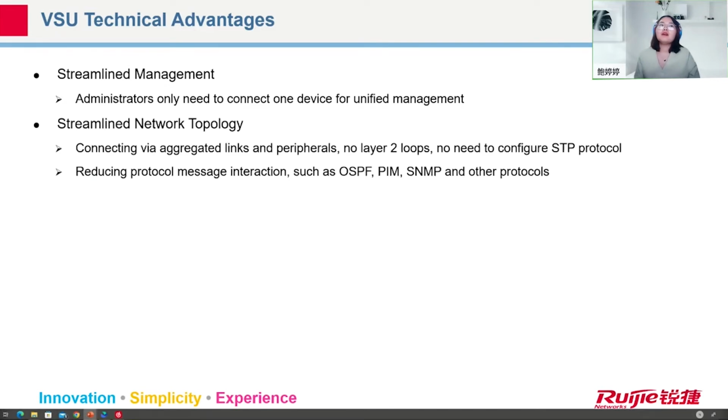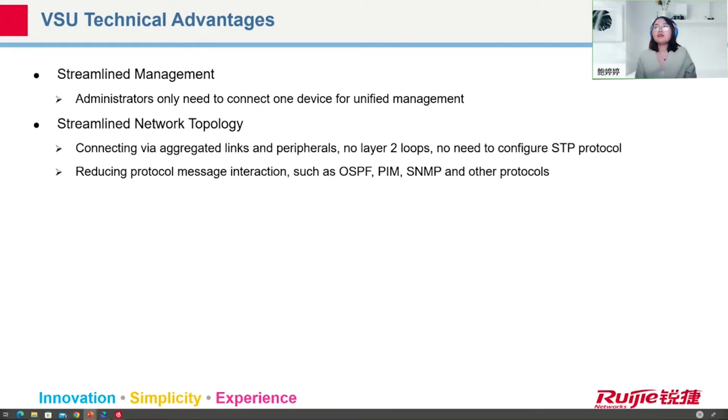The second one, we can streamline the network topology, connect the aggregate link, and there are no layer 2 loops and no need to configure the STP protocol again. This is a layer 2 protocol.